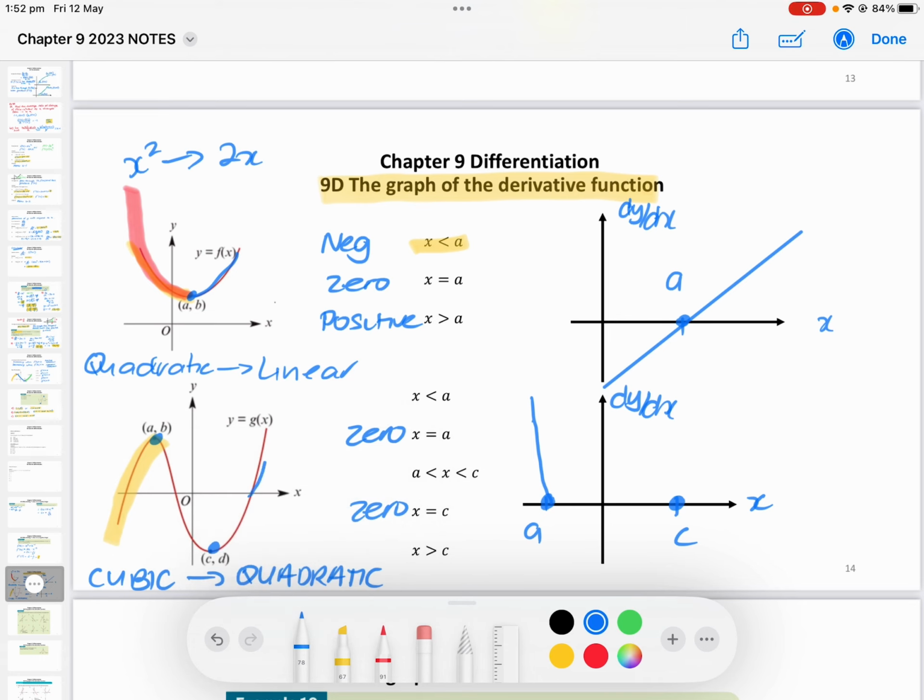After we got to C, again it was positive. And we know it's going to become a quadratic. In the middle here, the gradient was negative. So the gradient goes positive, negative, and then positive again. So this is the graph of the derivative.